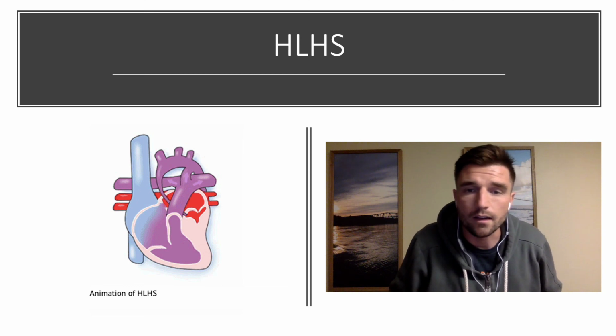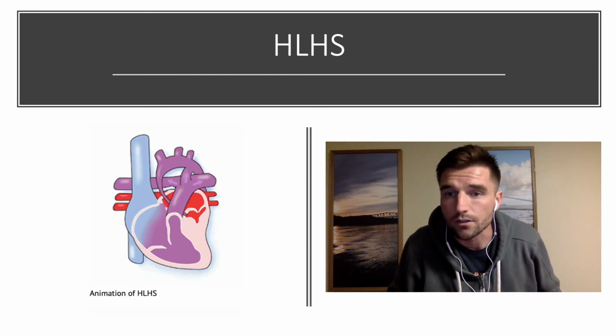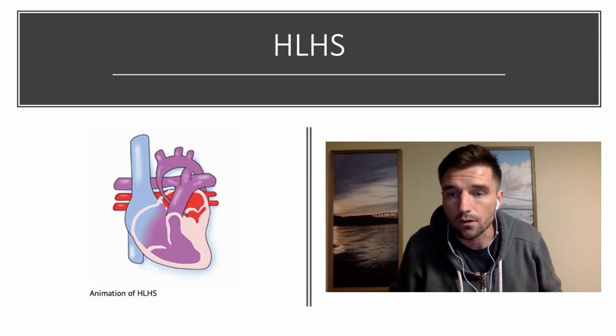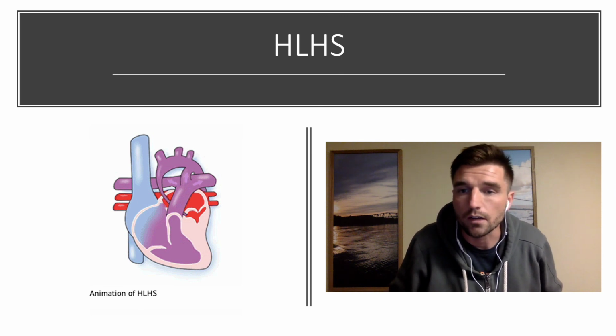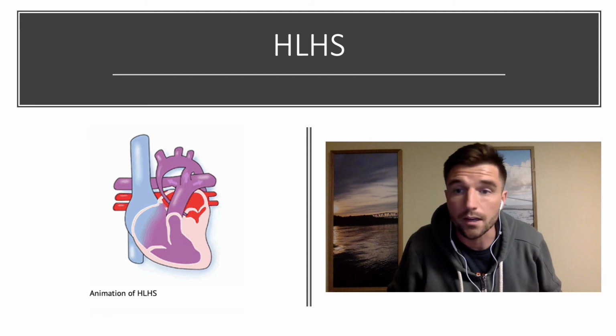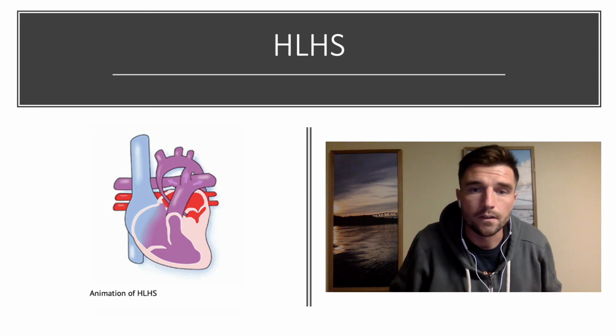But let's take the most common version, and that's mitral atresia, aortic atresia, MA, AA, and run through what that would look like in terms of blood flow and why an ASD is necessary.